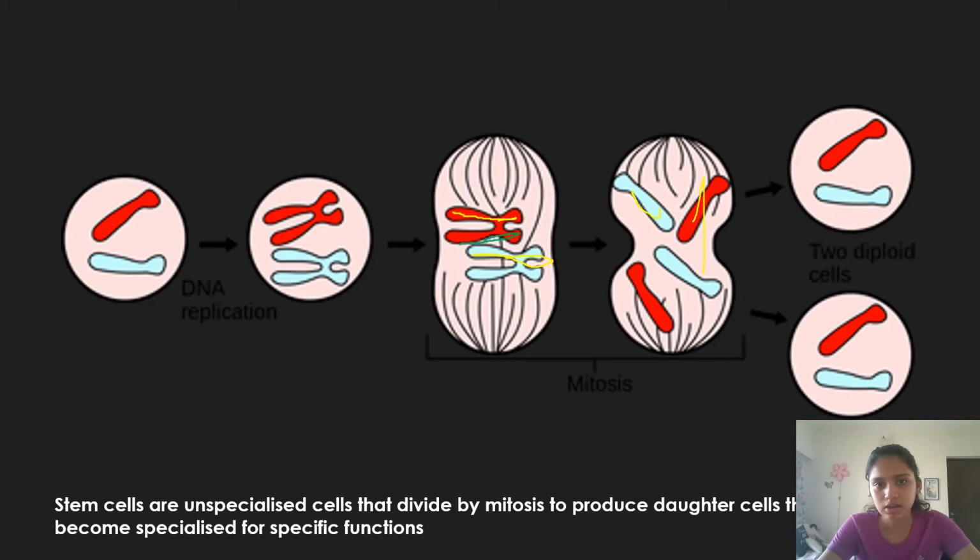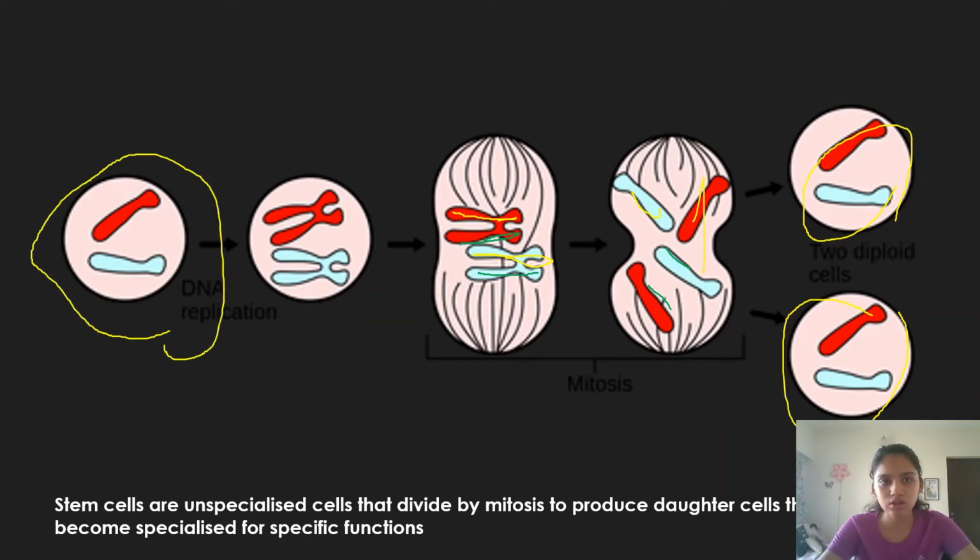This one and this one go to the bottom. So they're pulled apart, and then a different nuclear membrane forms around each one of them. This is one nuclear membrane, this is one nuclear membrane, and the cytoplasm divides. They've not drawn the cytoplasm, they should have in this diagram.